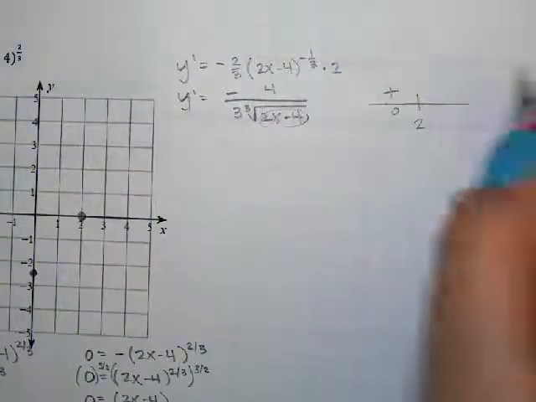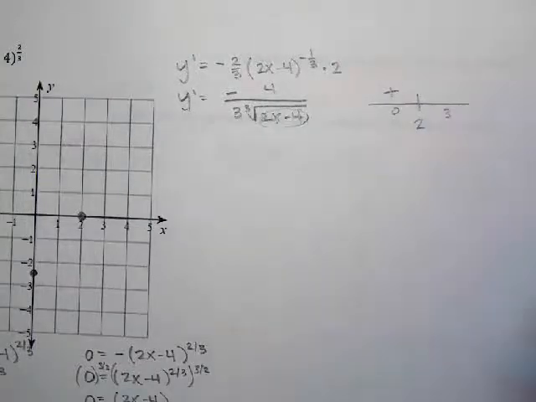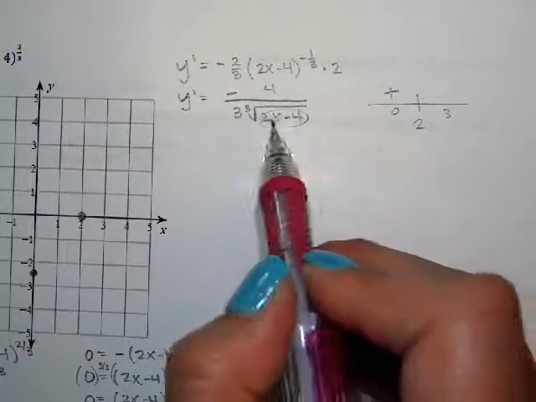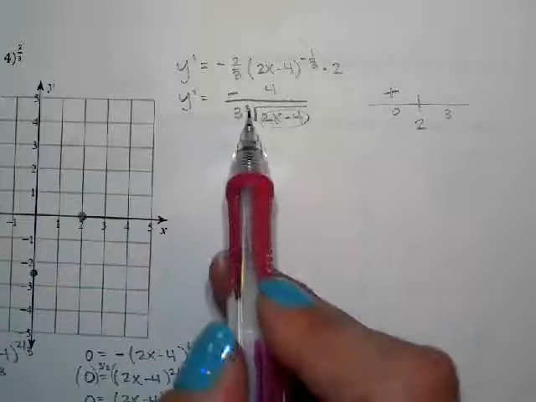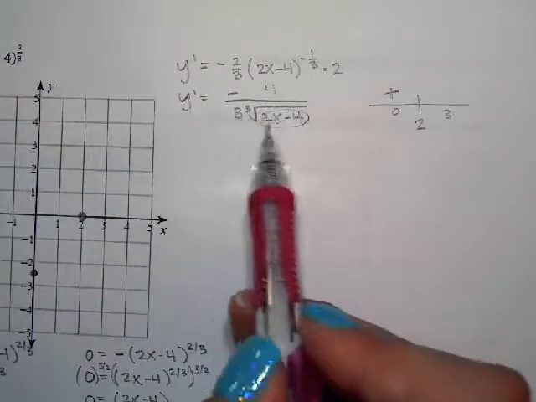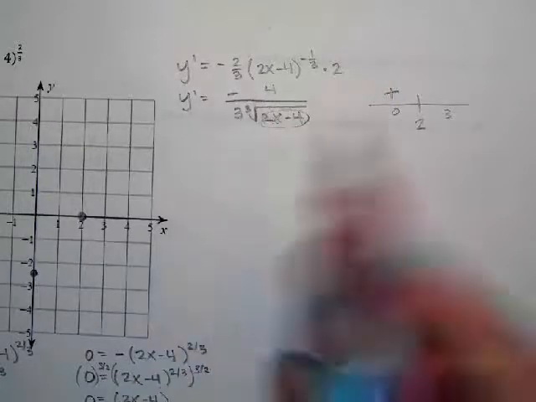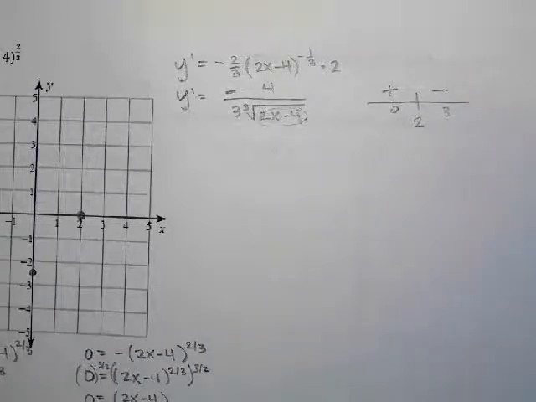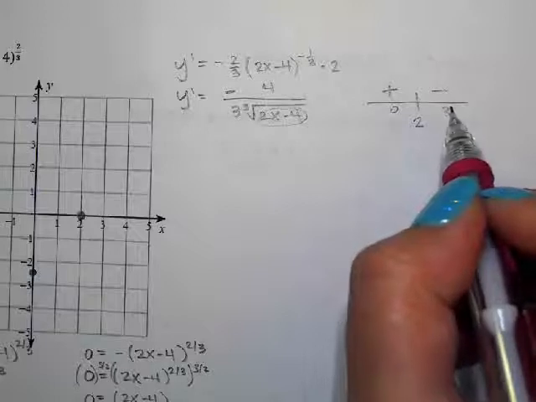What's a number that's bigger than 2? 3, okay. 2 times 3 is 6. 6 minus 4 is 2. I don't care what the decimal is, but the cube root of 2 is positive. 3 times positive is still positive. So we got a -4 over a positive, and then what do we get? Negative.